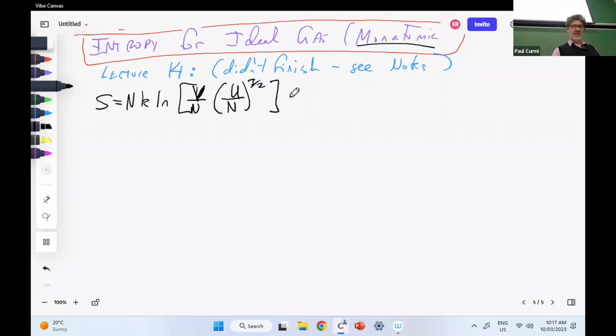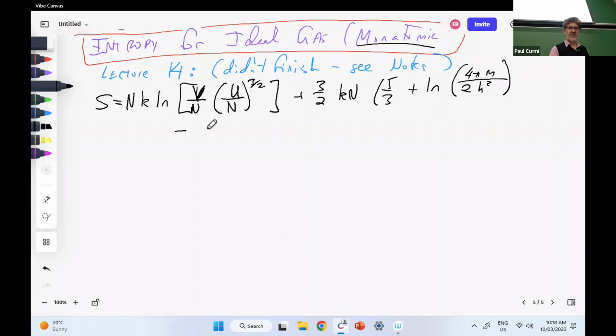And then you get a constant term, 3 on 2 kN times 5 on 3 plus ln of 4 pi m divided by 2 h squared. So not h bar, but h. This is the Sackur-Tetrode equation.